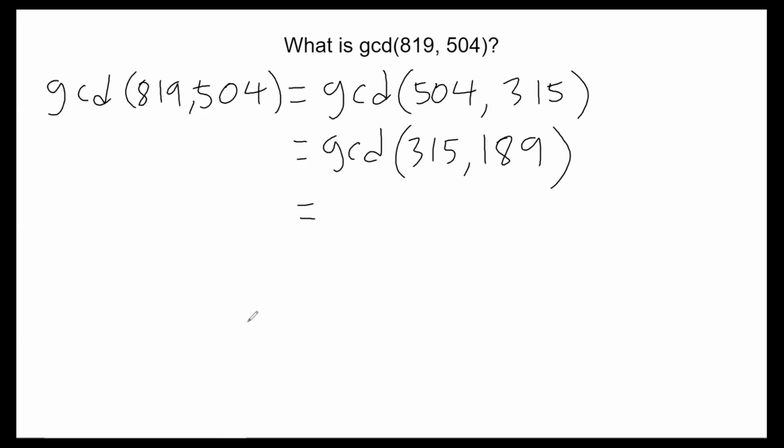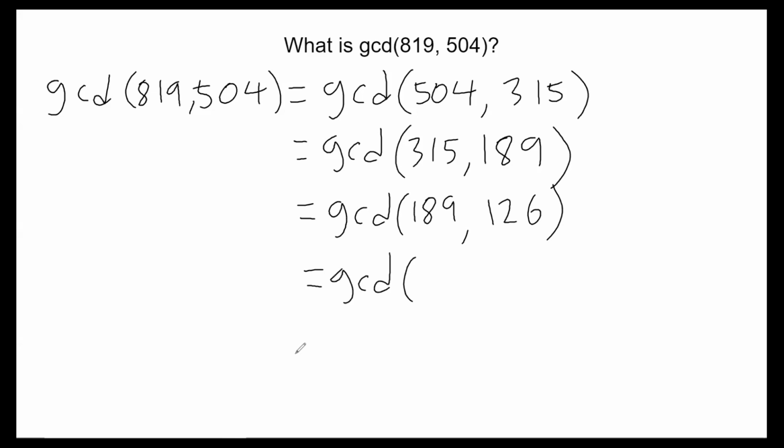Okay, and the smaller number here is 189. And 315 minus 189 is, let's see here, 126. And 126 is the smaller number.